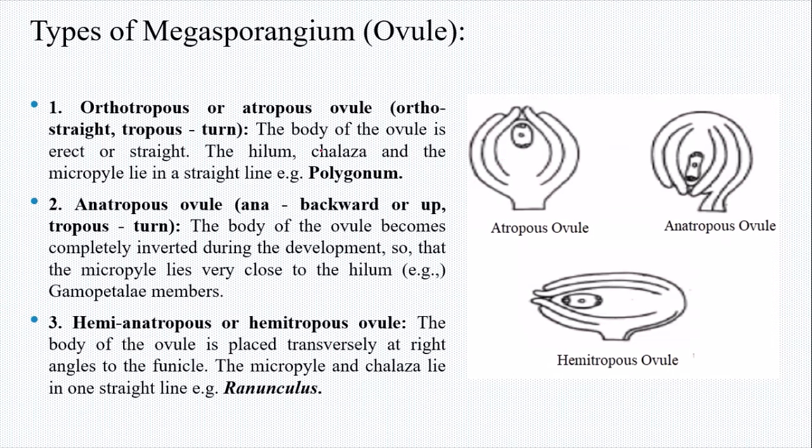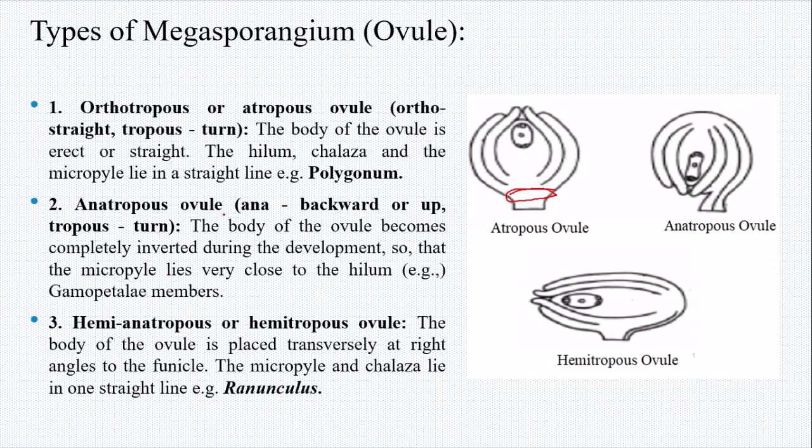So the body of the ovule in atropous ovule is erect or straight, where the hilum, chalaza, and the micropyle lie in a straight line. You can see that this would be the portion of hilum where funicle will attach with the body of the ovule, and this is a very ordinary type of ovule found in polygonaceae plants, etc.